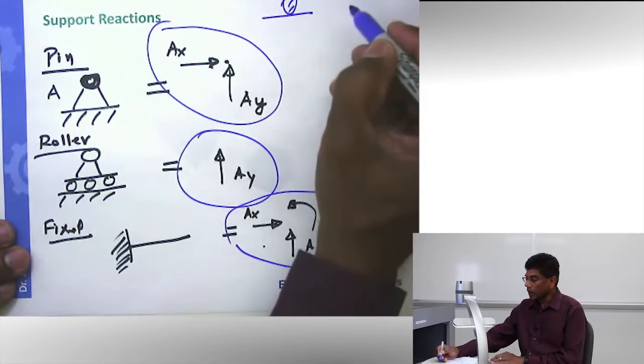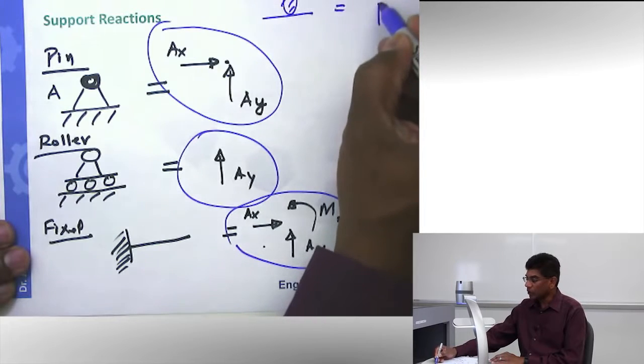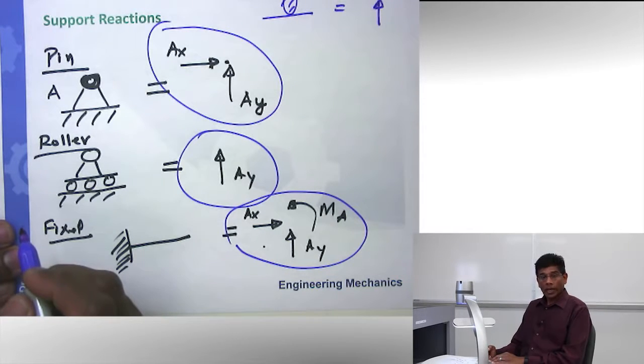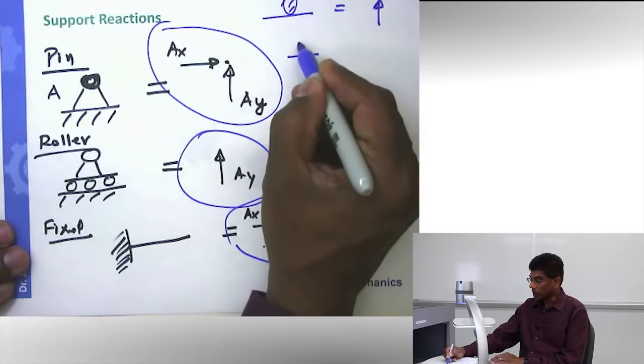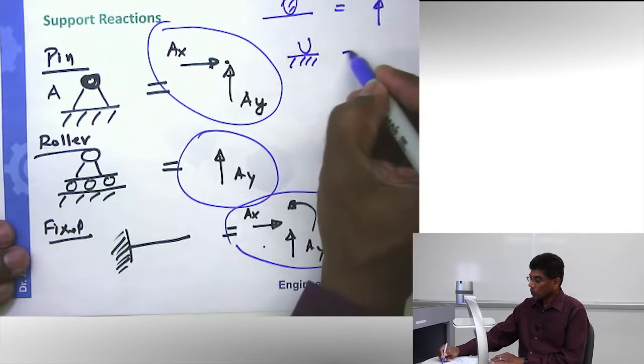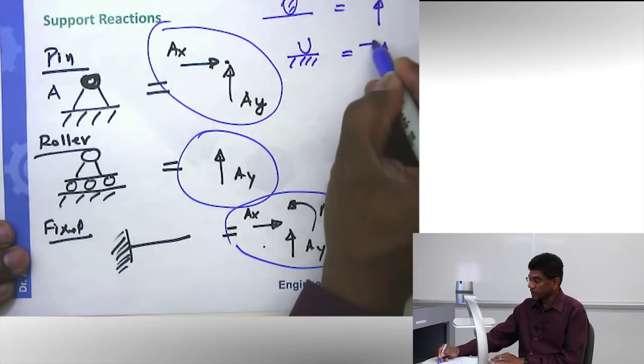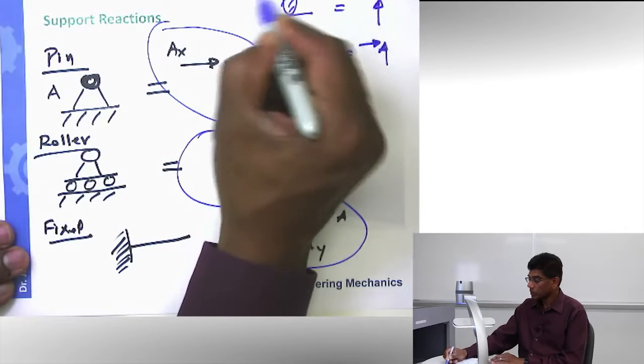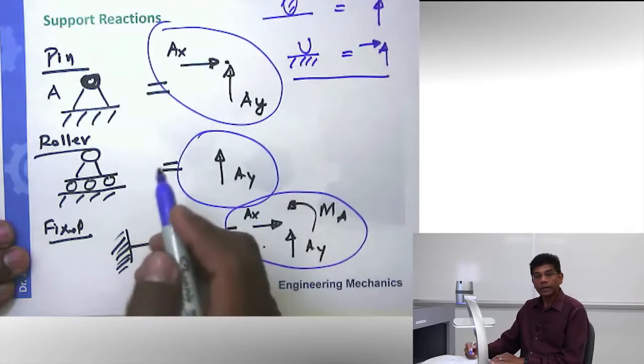And if you want to represent a smooth support, it will be like a roller support. You will have a reaction along the vertical axis. All right? If it is a rough support, you could have two support reactions. So a rough support would look something like this. So this is smooth. This is rough. All right?